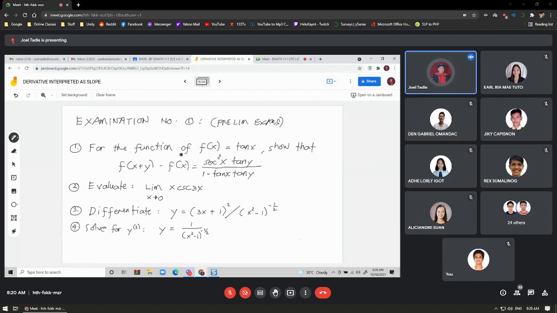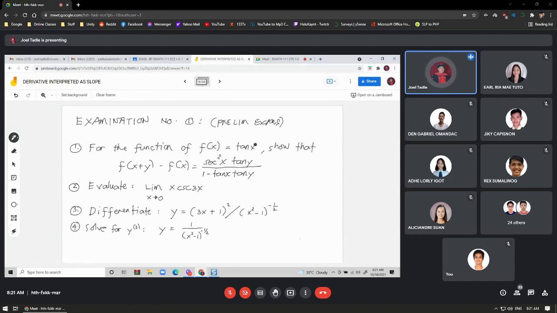Okay, so number 3 is simple, because we can transform it so that we can use the product formula. So the given in number 3 is the quotient quantity 3x plus 1 squared over quantity x squared minus 1 raised to the power negative 1 half.